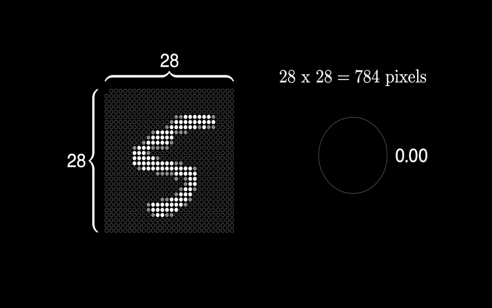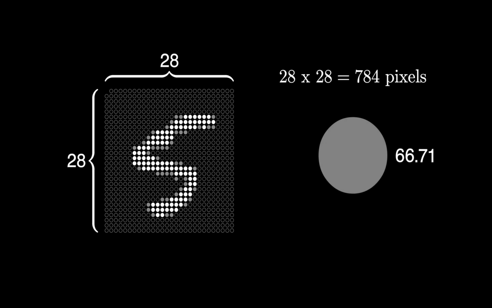Each image is a square with dimensions of 28 by 28 pixels, making up a total of 784 pixels. Each pixel holds a value between 0 and 255, where 0 represents black and 255 represents white.